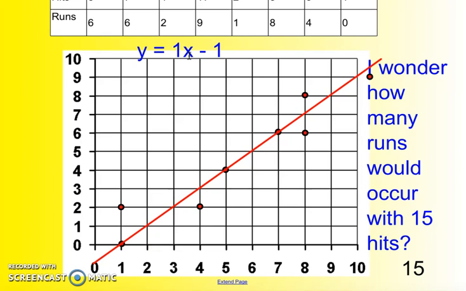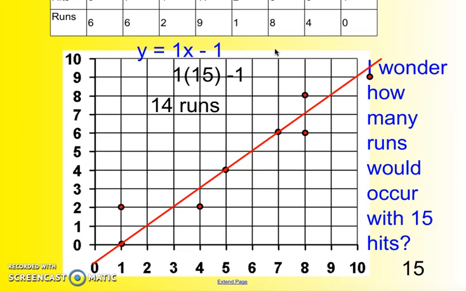And so I could take that 15, plug it in for x, and so what I would get is 1 times 15 minus 1. And what would you get? Exactly, we would get 14. So that means approximately we would get 14 runs with 15 hits.